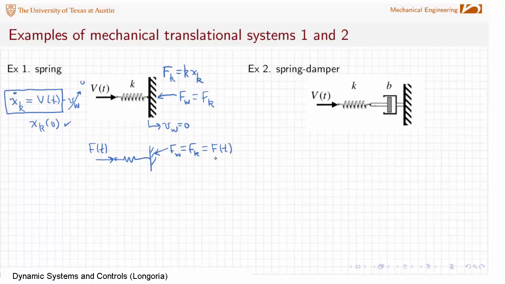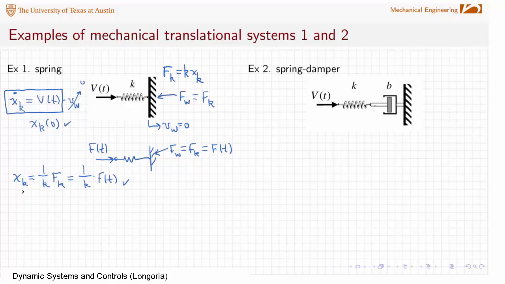Now, that illustrates that we always know x sub k in this case, because we can find it by just inverting our constitutive relationship, right? So since x sub k is 1 over k times f of t, we don't need a state equation, which is a differential equation. All we need is the constitutive relation.